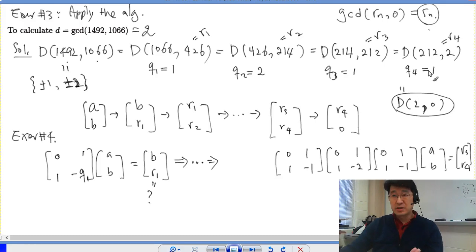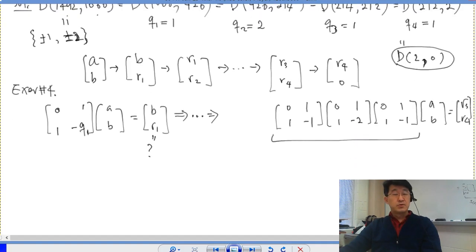Okay. The magic is that if you simplify this to a 2 by 2 matrix, it reveals a very important relationship between A and B. So go ahead and multiply this one out. That's not an exercise. Just multiply 3 matrices.